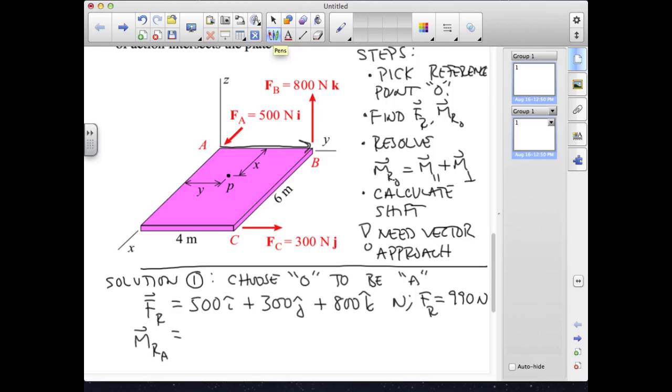The position vector from A to B is aligned with y. So if we take a j and we cross it into a k, we're going to get a result that's in the i direction. And so here we're going to have 4 meters times 800 newtons is 3,200 newton meters, and that's going to act in the i direction. So from the scalar approach, that contribution is 3,200i newton meters.